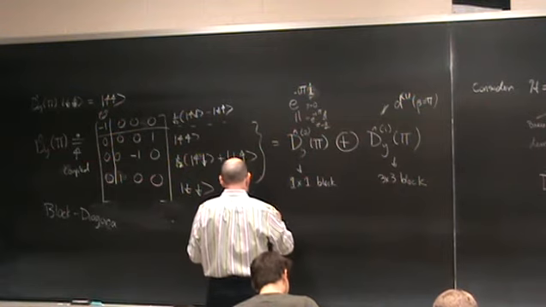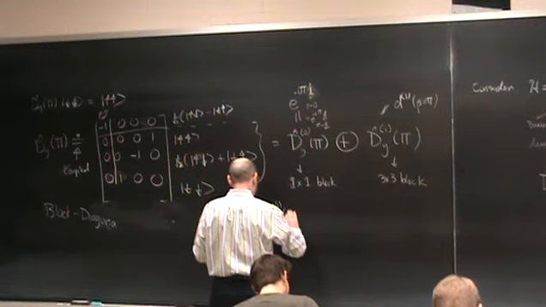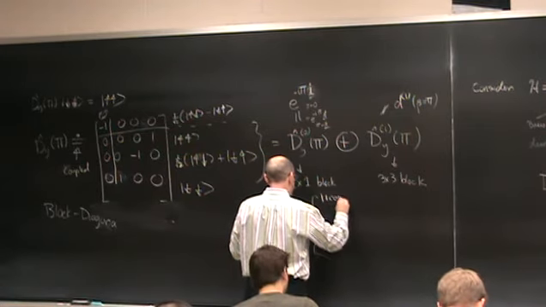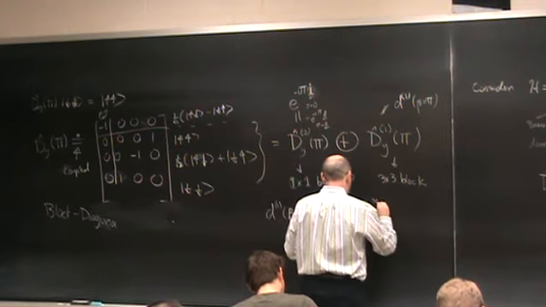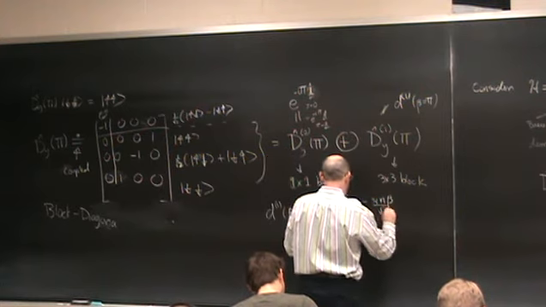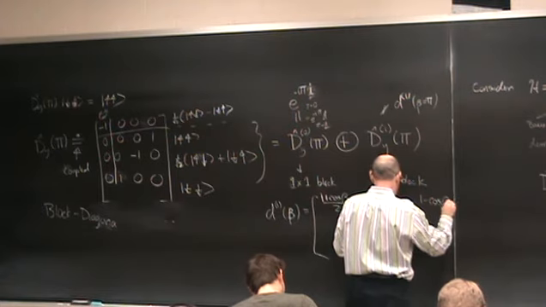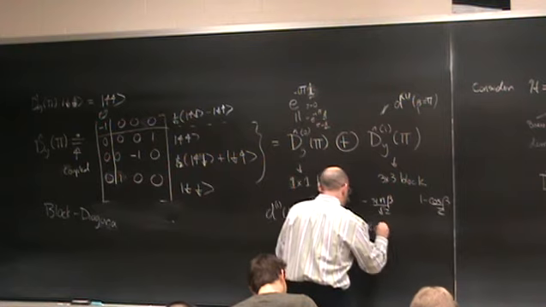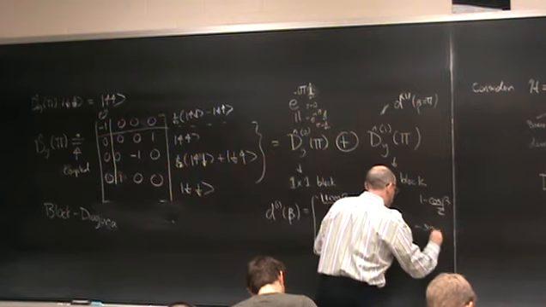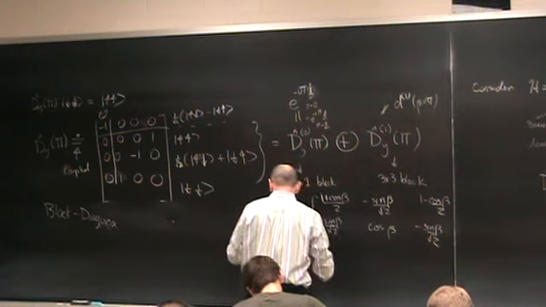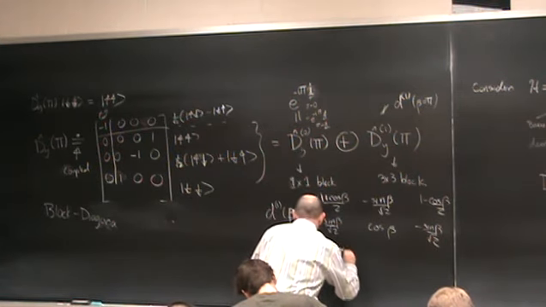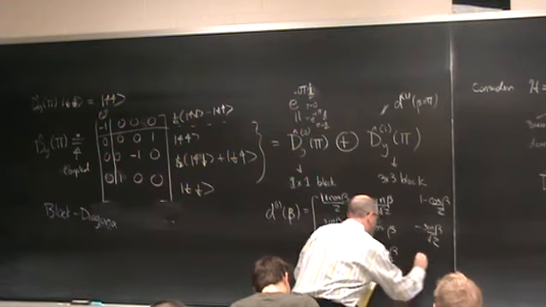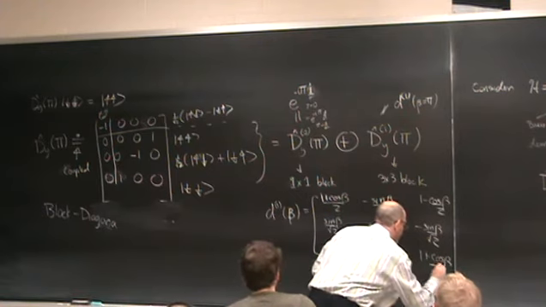d1 of beta is equal to (1 plus cos beta)/2, minus sine beta over root 2, (1 minus cos beta)/2; sine beta over root 2, cos beta, minus sine beta over root 2; (1 minus cos beta)/2, sine beta over root 2, (1 plus cos beta)/2, whatever.